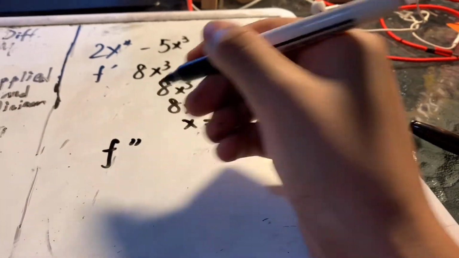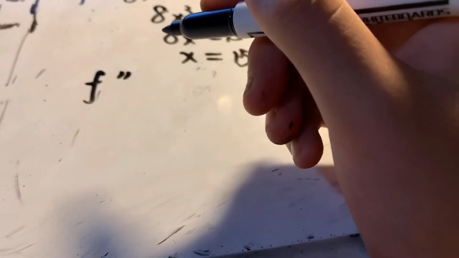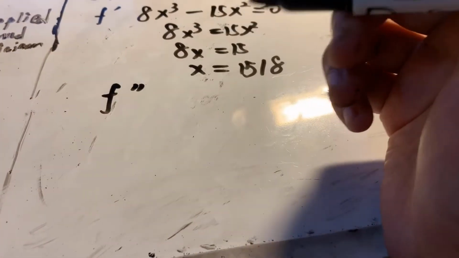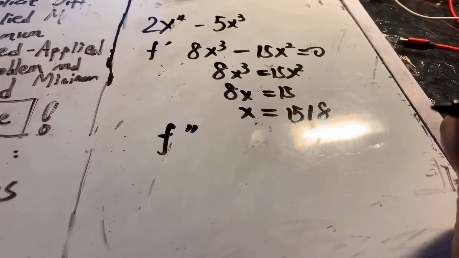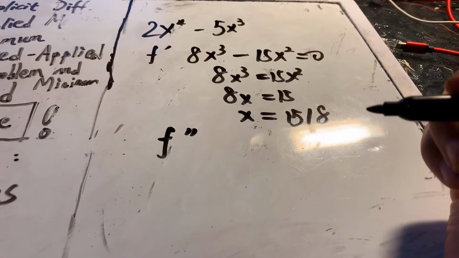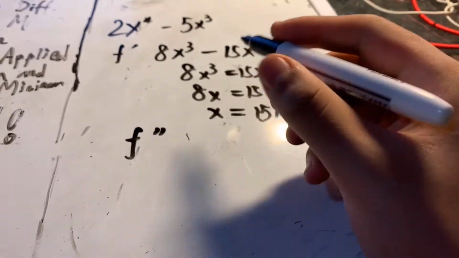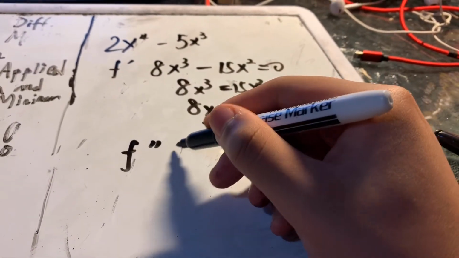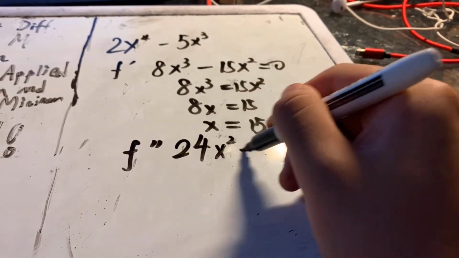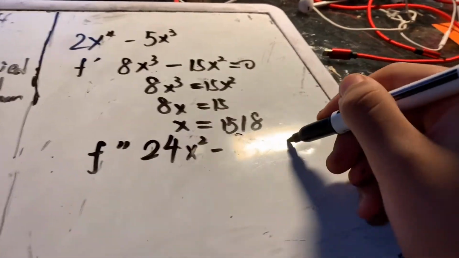And the inflection point is, let me think. Right, the second derivative is 24x squared minus 30x is 0.